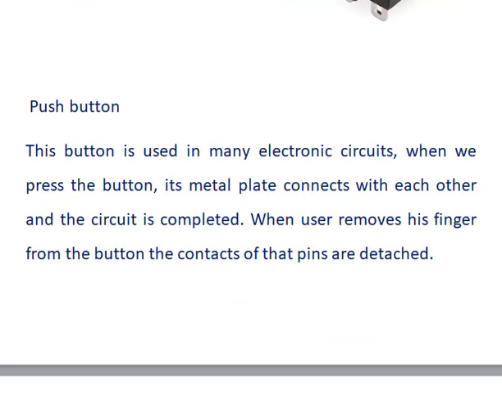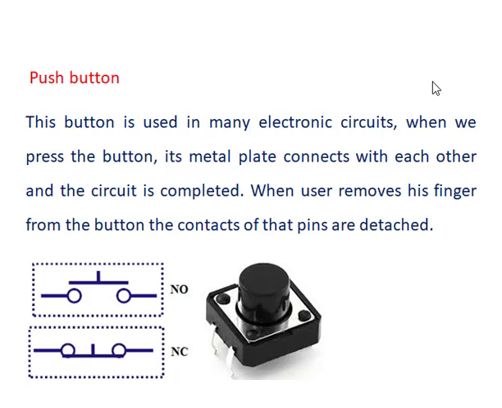Another type of switch is the push button. The push button switch is used in many electronic circuits. It contains two metal contacts, connected using a single lever, a single contact.